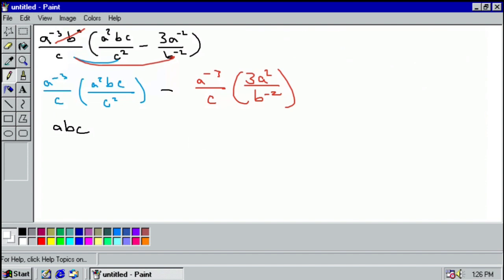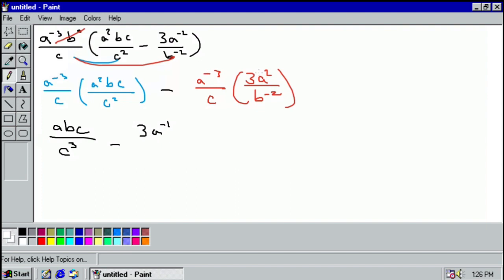Next, we have the bottom part, c times c squared is c cubed, minus, we have this, negative 3 plus positive 2. Let's have the coefficient first since we have a 3 there. So we have 3a raised to negative 1.